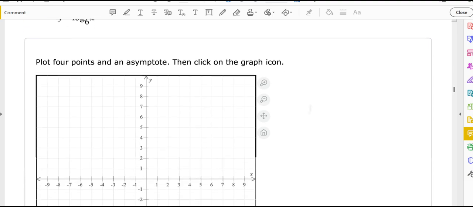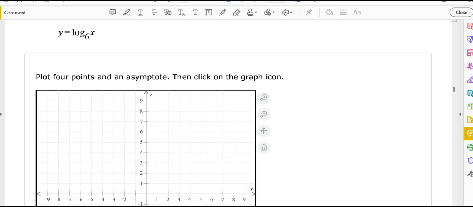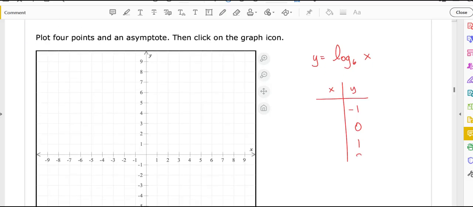Okay, for a logarithmic function, y equals log base 6 of x, now you have favorite y values. I'm going to do -1, 0, 1, and 2. Okay, let's go look at the calculator.